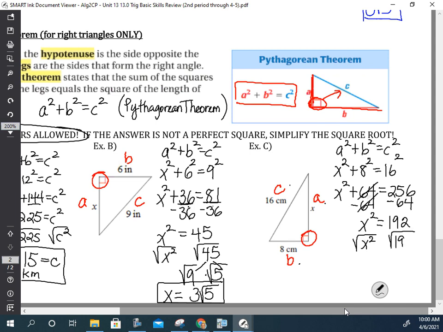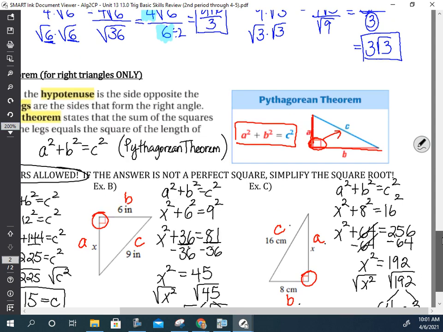Still have to take the square root. 192 is not on your list. So we have to break down the square root of 192. So I'm going to tell you what the best option is, primarily just for the sake of time. That's 64 times 3. Now, you could have used 192 divided by 4.